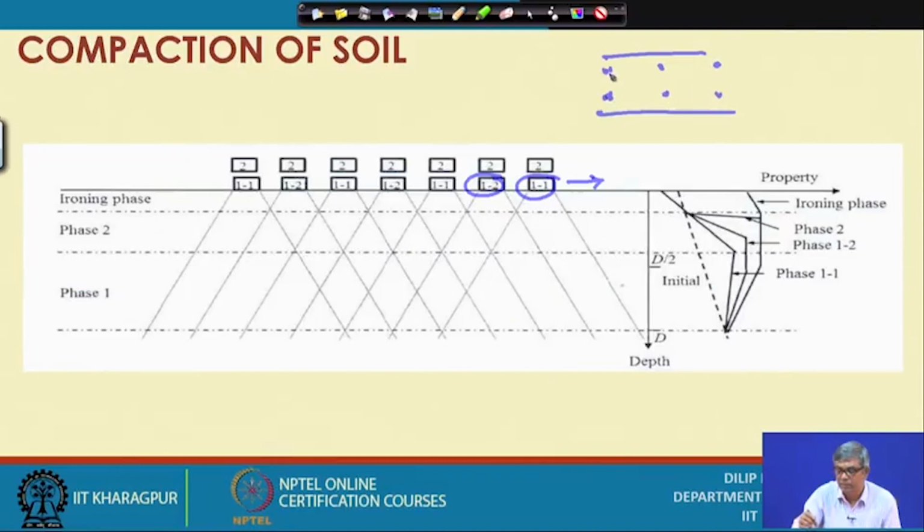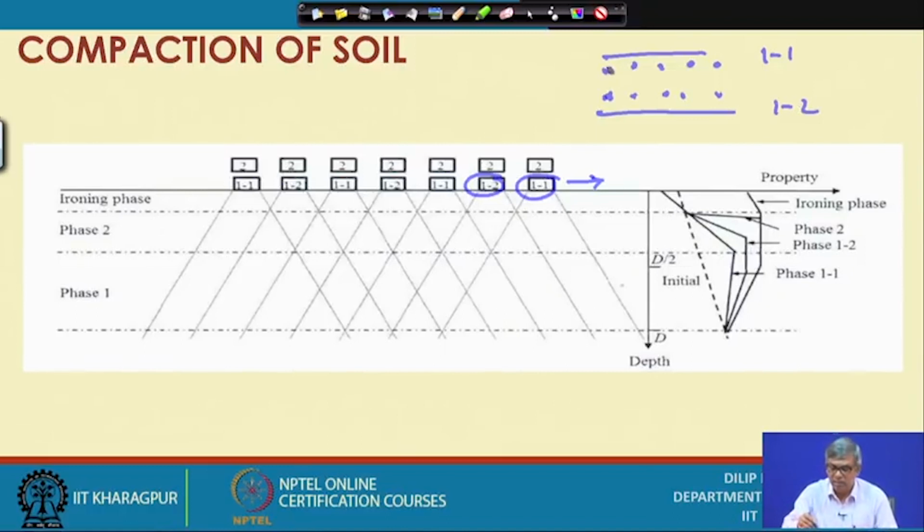That is marked as 1, and then I do here, here, here, here, and these are marked as 2. That is the first level of compaction, phase 1 and phase 2.